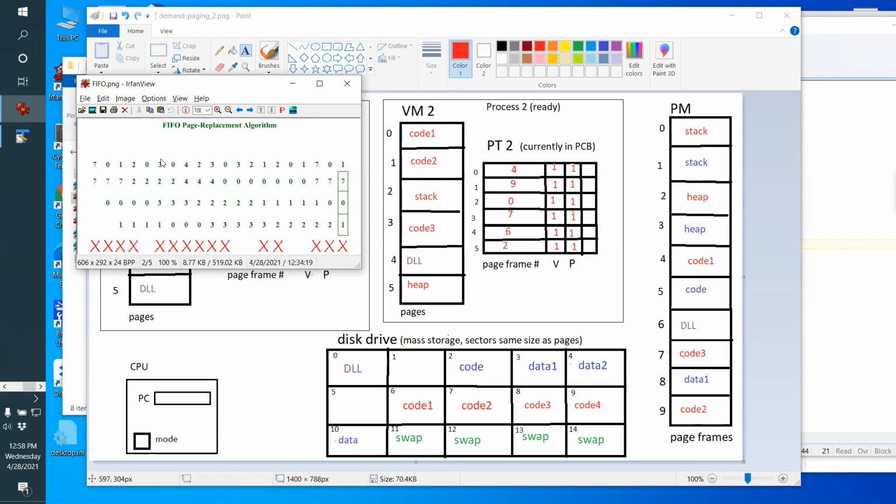So virtual page 3, well, who's been in memory the longest at this point? Out of 2, 0, and 1, 2 just got brought in here. 1 got brought in just before 2. 0's been in there the longest. So when 3 wants to come in, 0 was in there already just recently. 2 got brought in recently. 1 was the one that's been there the longest. So now 3 is going to get brought in.